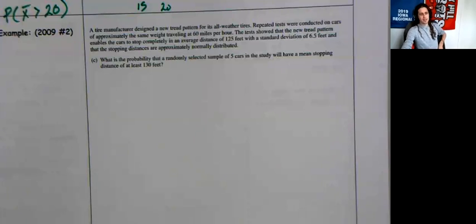All right, we'll look at this one, solving using z-scores. Mean stopping distance of at least 130 feet. The mean is 125. Standard deviation of the population was 6.5. But since we have a sample of size 5, divided by radical 5, that makes the standard deviation 2.91.